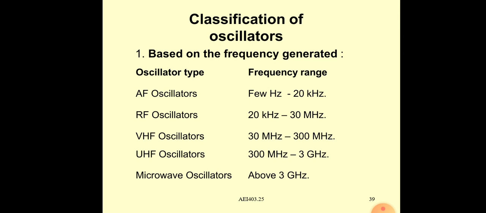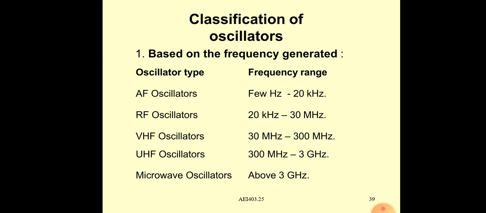Next, radio frequency oscillators, 20 kilohertz to 30 megahertz. We can use crystal oscillators and other oscillators, so they can generate the radio frequency range. Next, very high frequency oscillators, 30 megahertz to 300 megahertz. Ultra high frequency oscillators, 300 megahertz to 3 gigahertz. Microwave oscillators, above 3 gigahertz.